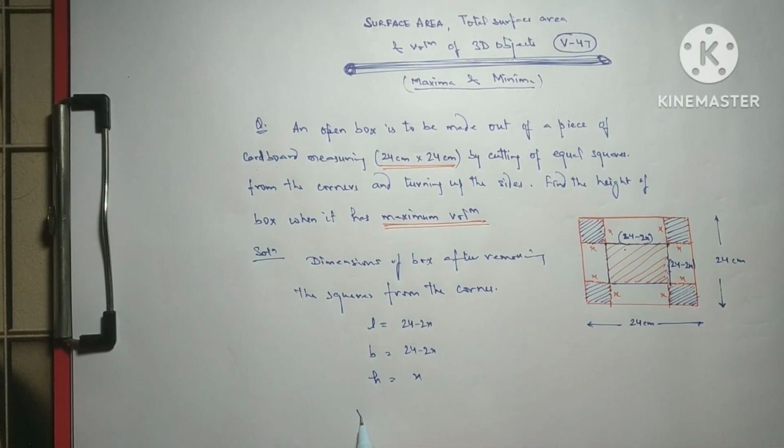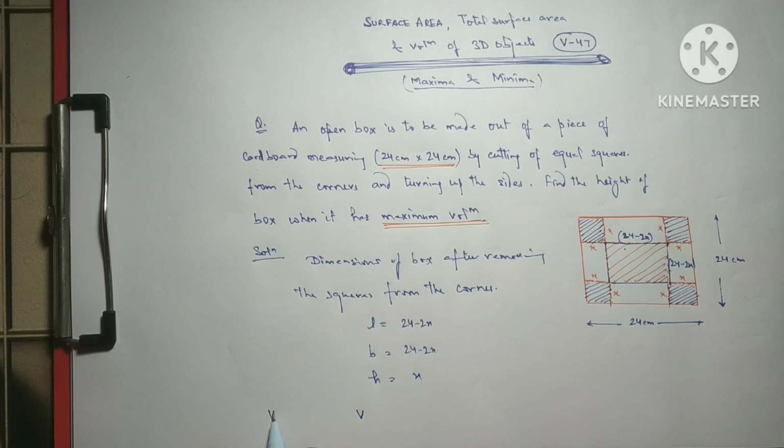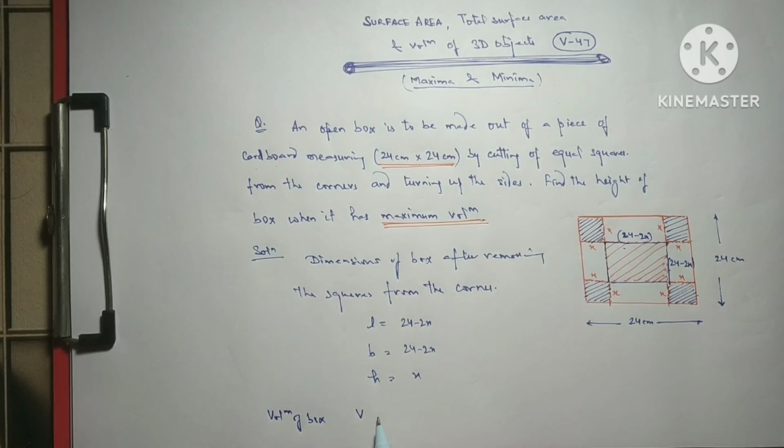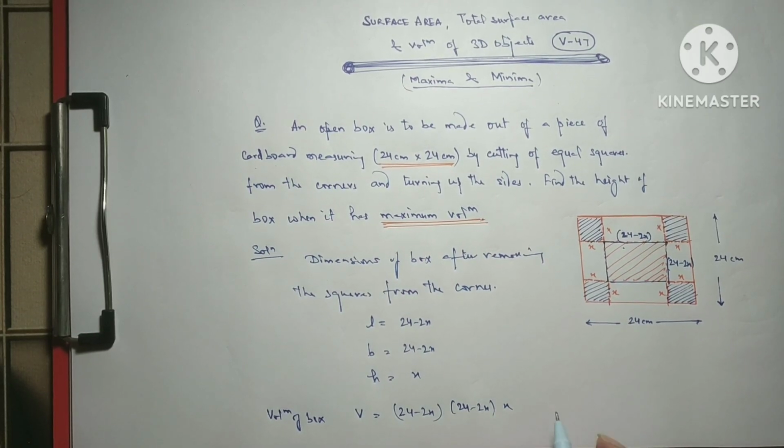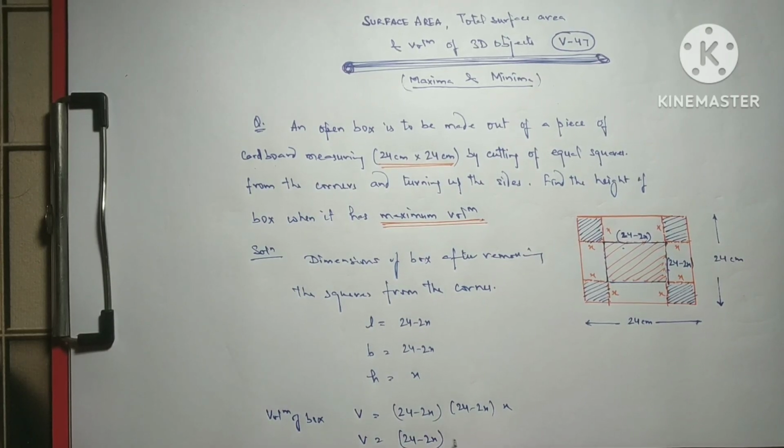So the volume of the box will be L into B into H, that is 24 minus 2x, 24 minus 2x, and x. So you can say V equals 24 minus 2x whole square into x.